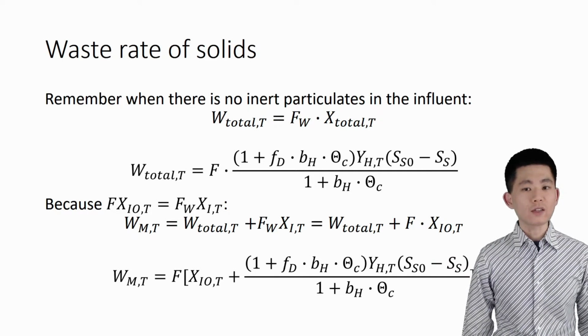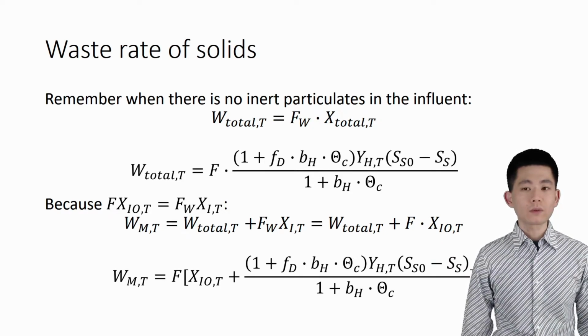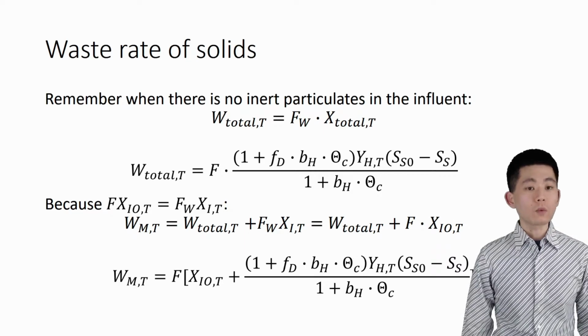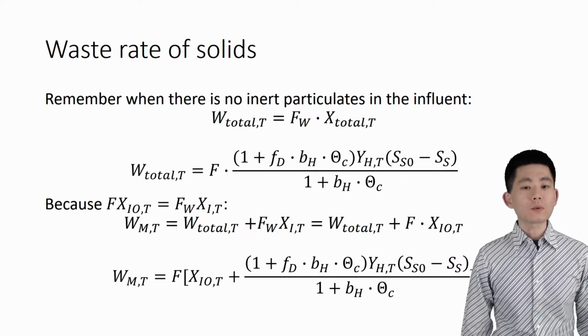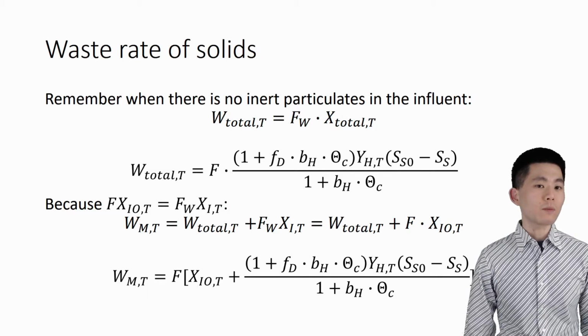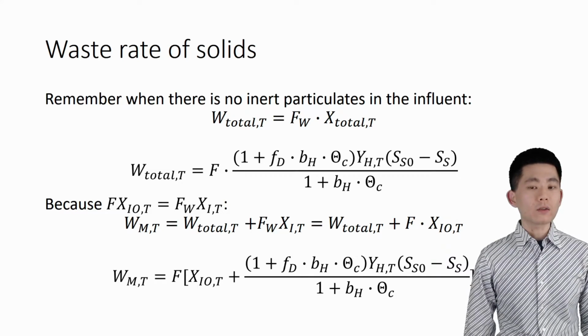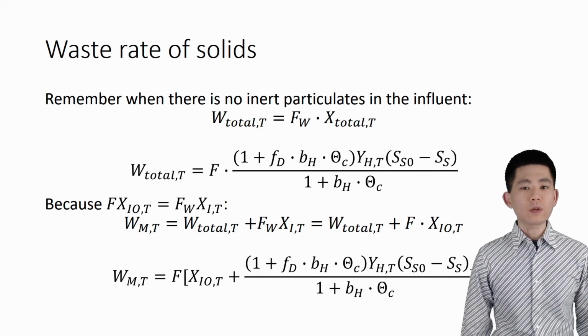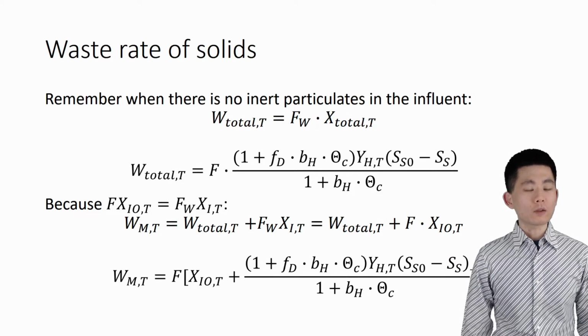Because there's no reaction of the inert particles, all influent inert particles are wasted. So the wastage rate also equals the excess biomass production rate without inert particles plus influent flow rate times influent inert particle concentration.